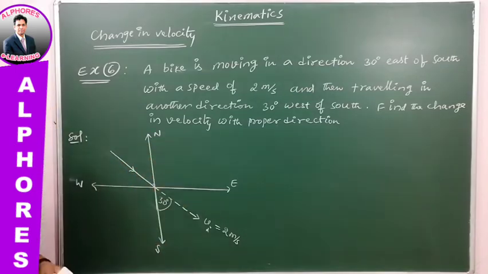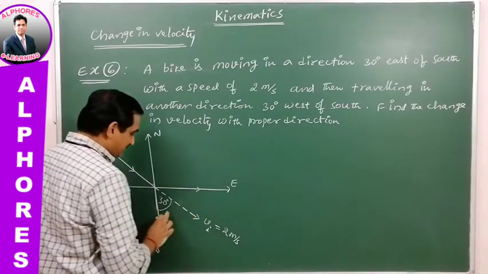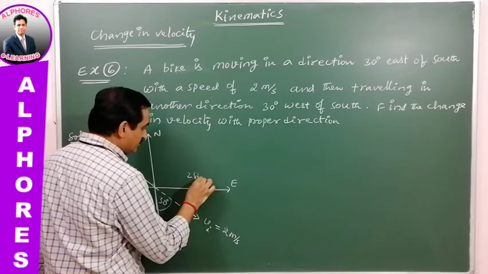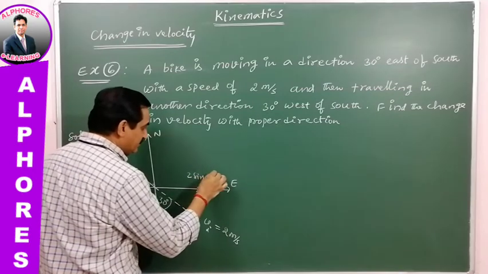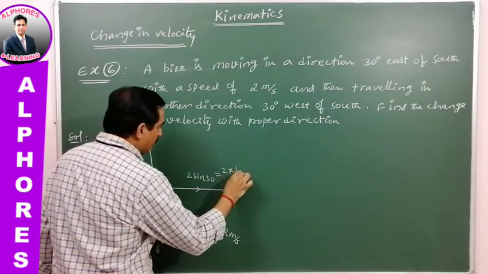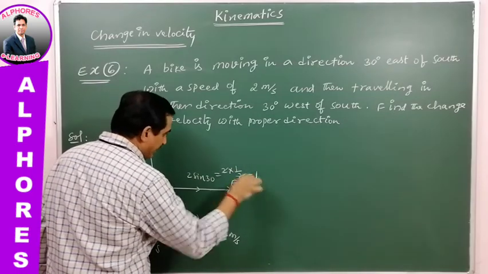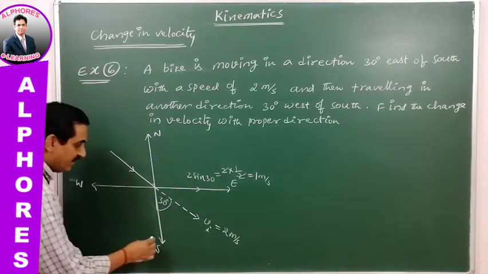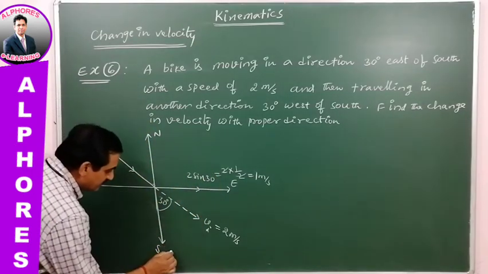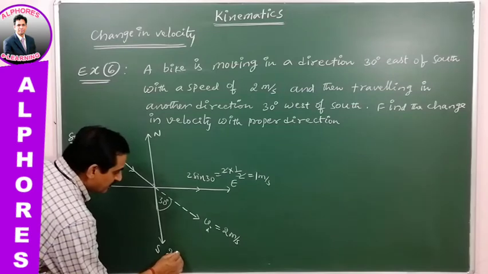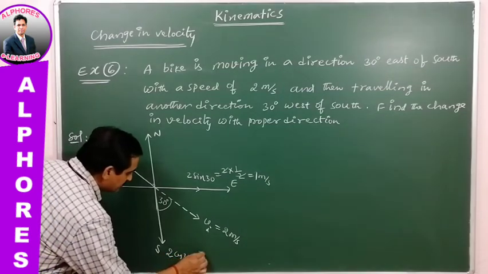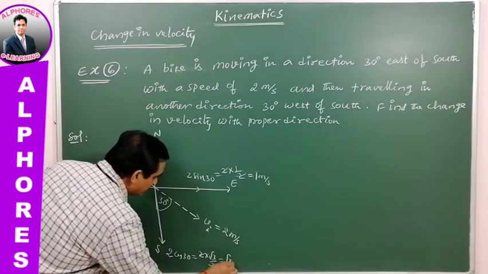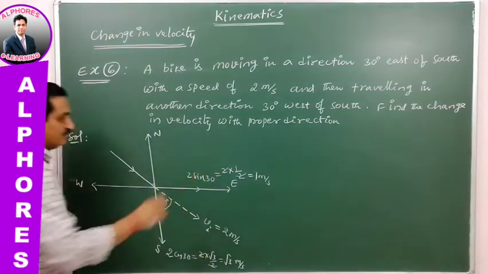Yes. Now resolve this one. So this is 2 sin 30, which gives 2 into 1 by 2, which gives 1 meter per second towards east, and towards south resolved 2 cos 30, which gives 2 into √3 by 2, which gives √3 meter per second towards south.